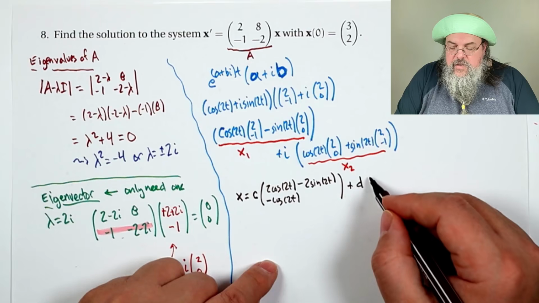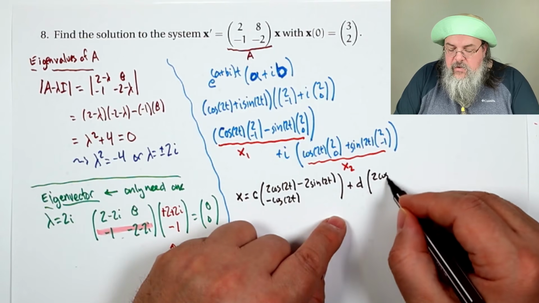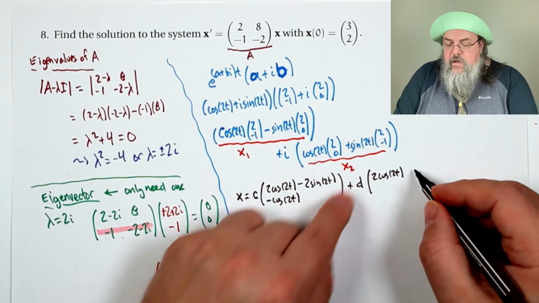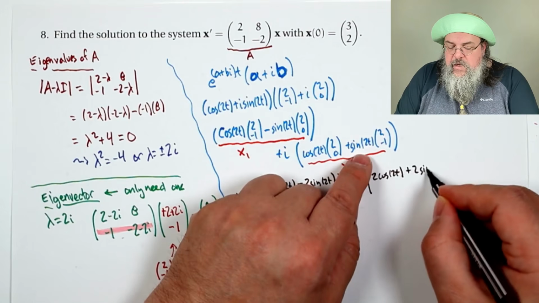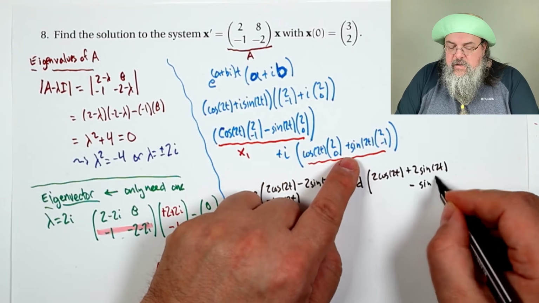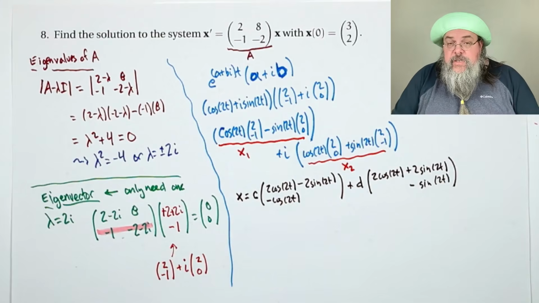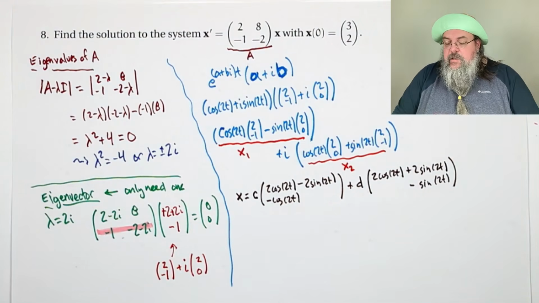Plus some constant d. And here we'll get a 2 cosine 2t, 2 sine of 2t, a 0, and a minus sine of 2t. We just need to solve for c and d, and then we'll have our answer.